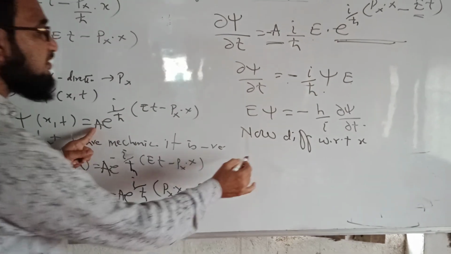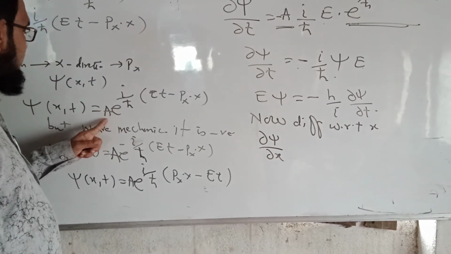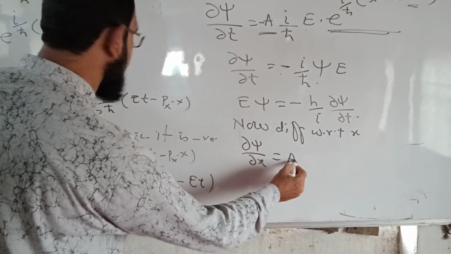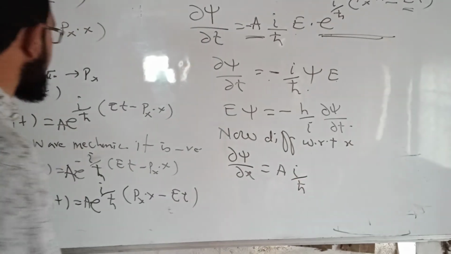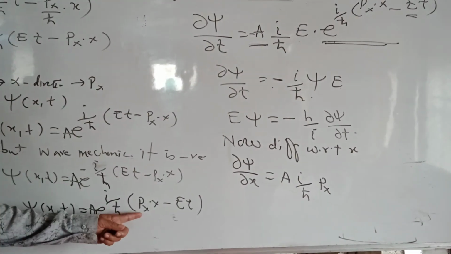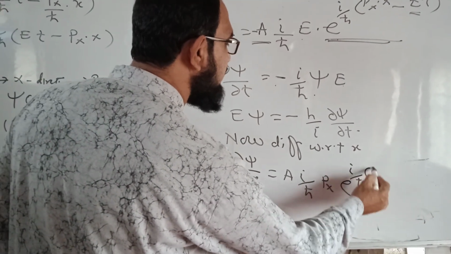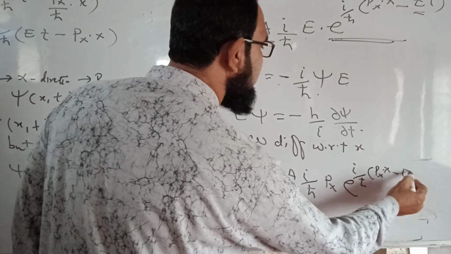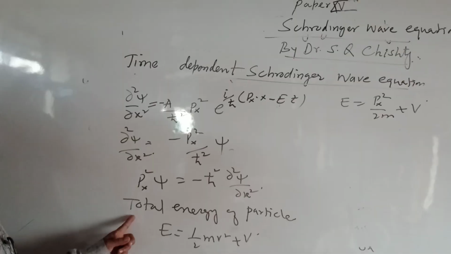So I will get here dou psi by dou x is equal to a as it is, i by h cross as it is, into px e raised to power i by h cross (px into x minus Et). This is a differentiation with respect to x.